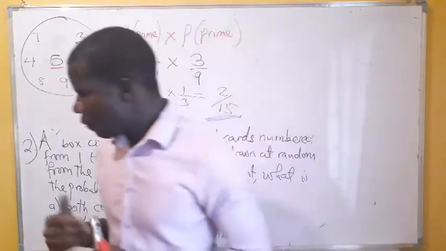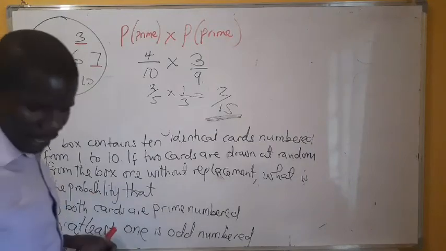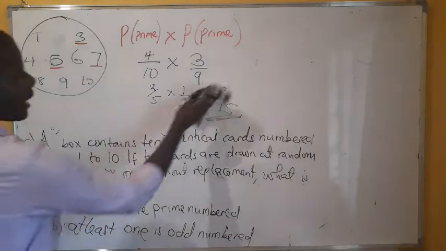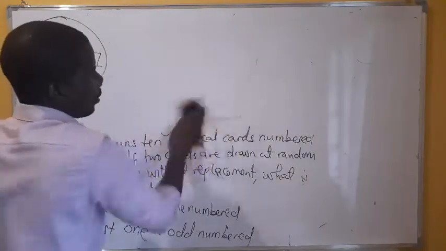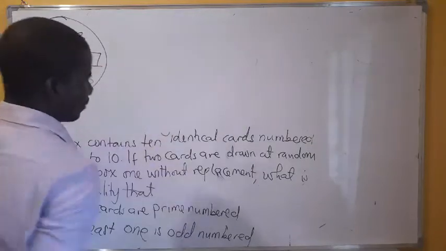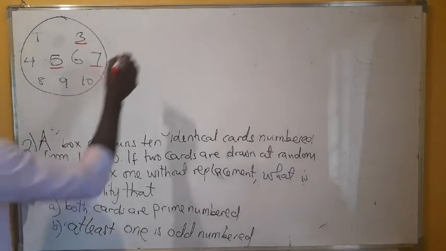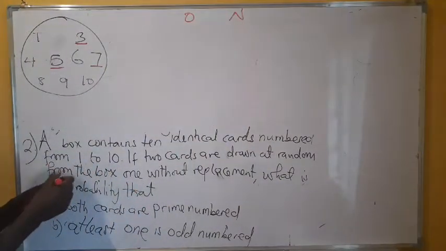For what I understand this question to be, we are solving it without a tree diagram. We can have a situation where an odd number, then not an odd number.